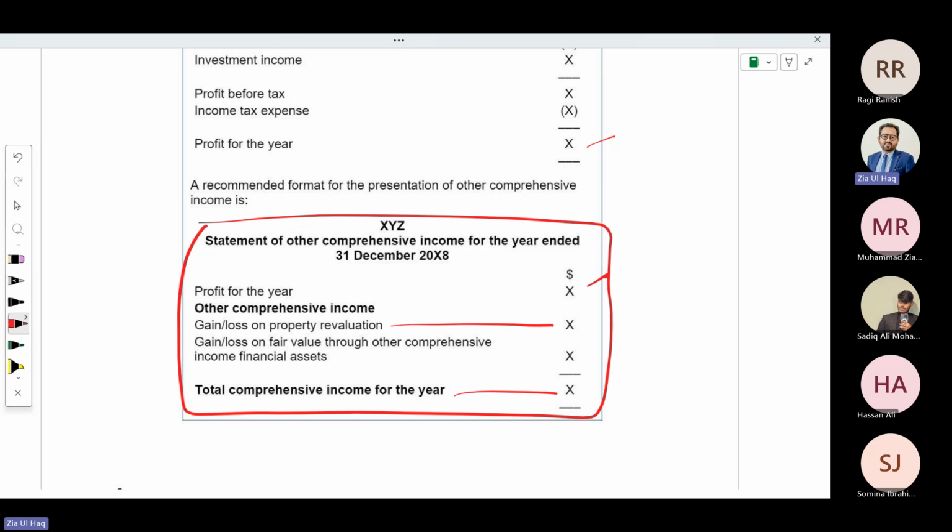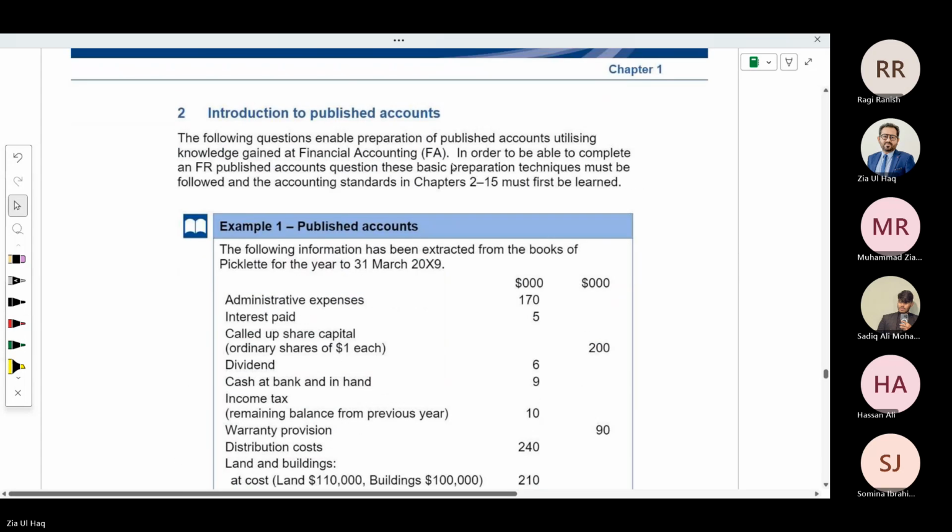So this is the format. We are already aware of this format. We have already studied it in the financial accounting paper, but we have revised, as you might have forgotten. So let's move towards a question.